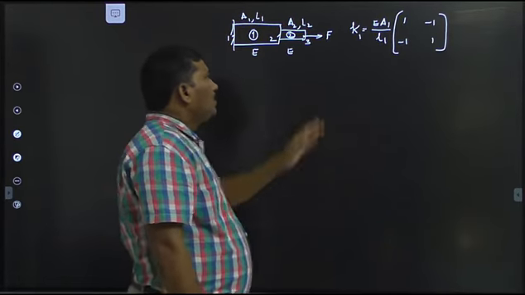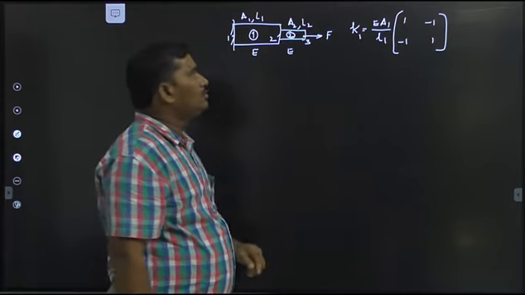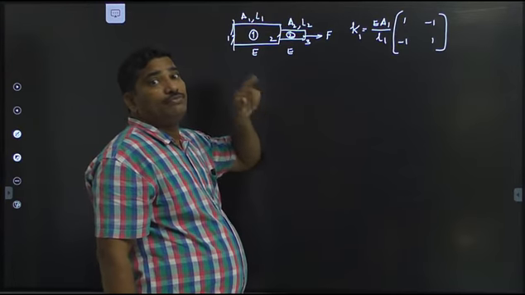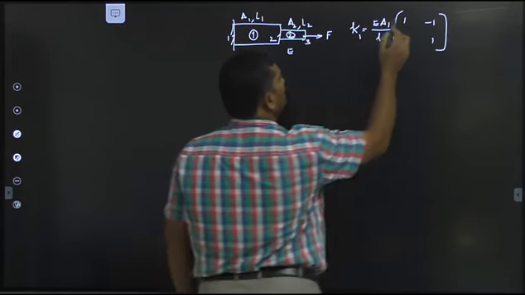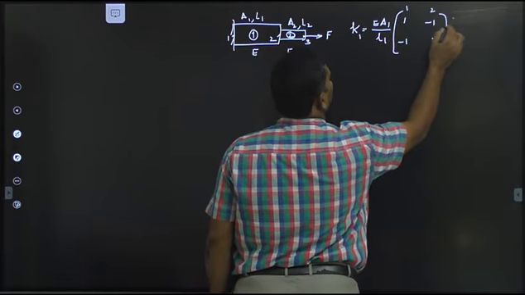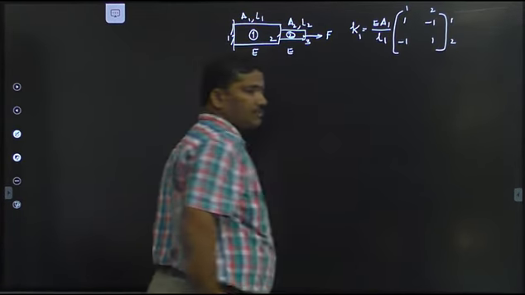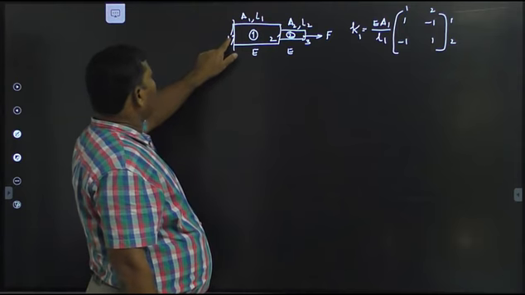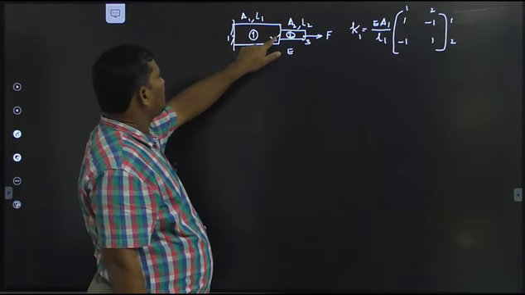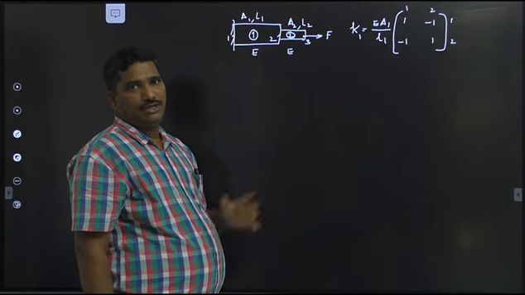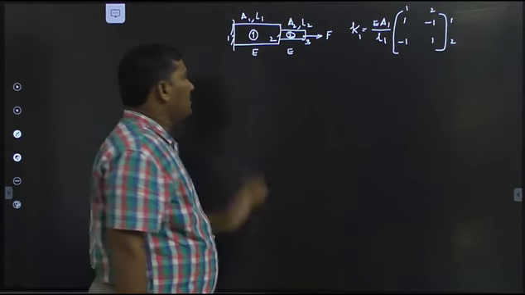Now these elements correspond to the degrees of freedom 1 and 2. Hence, I write 1, 2, 1. Remember, this is the first node of the first element, and this is the second node of the first element. I am giving the element connectivity information.